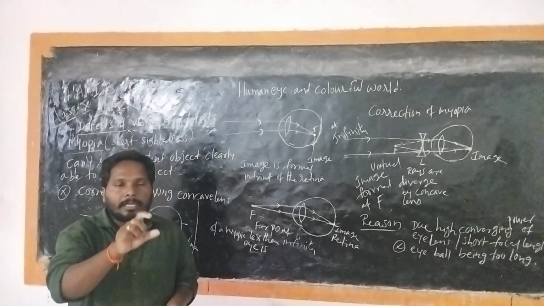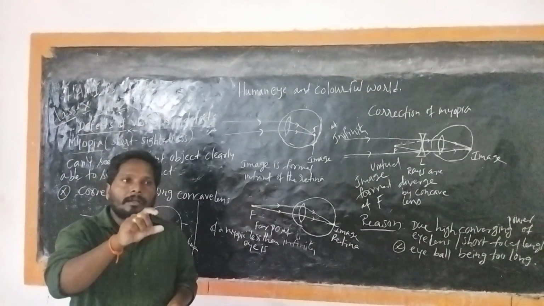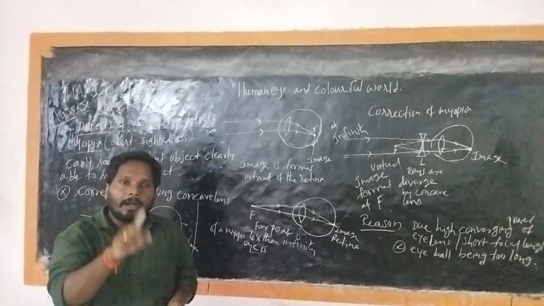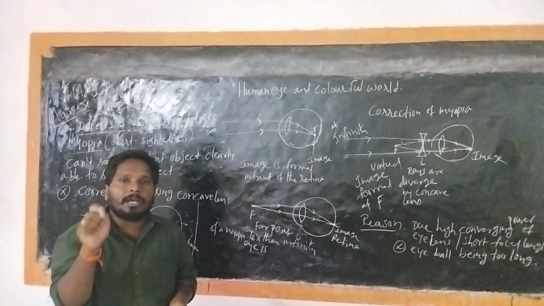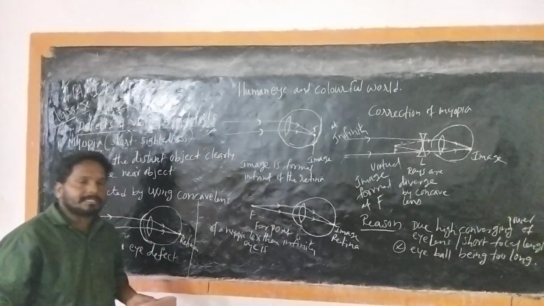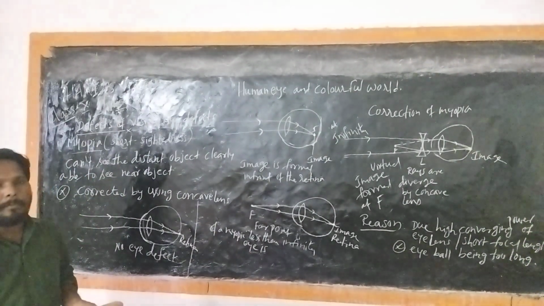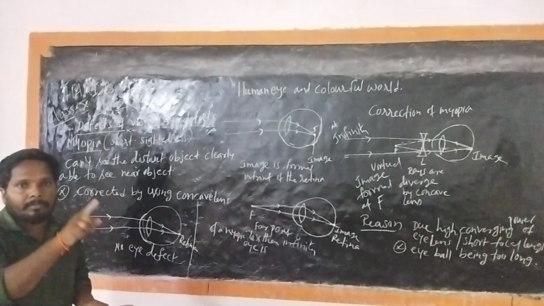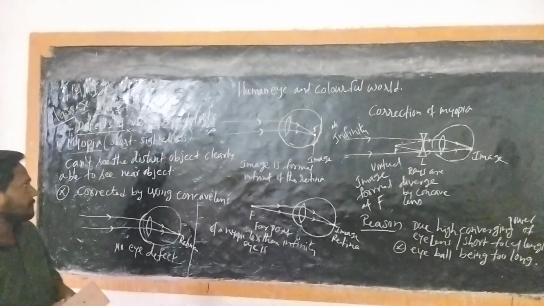To make the image form on the retina, we have to use a concave lens, the diverging lens. It reduces the converging power of the eye lens and makes the image form on the retina.